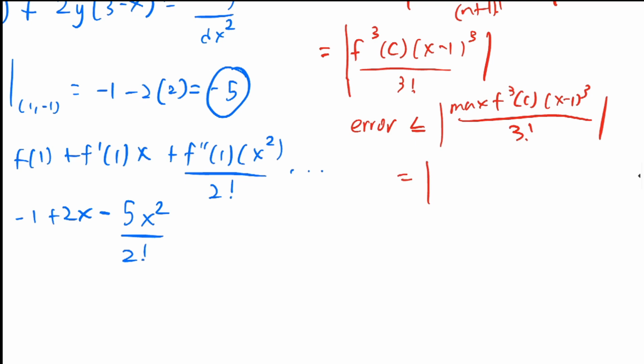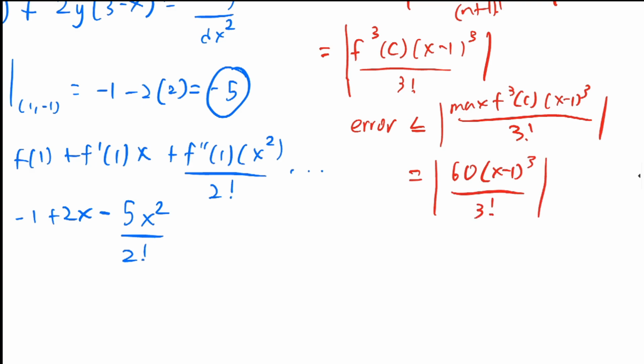So then you follow with an equal sign. Make sure, if you're going to do this, that you follow the equal sign after you set the inequality. Otherwise, you're going to get points off for notation. Saying that this is less than or equal to, again, is incorrect. Hopefully you guys noticed that. Nothing too crazy though. So it's less than 60 times x minus 1 cubed over 3 factorial.